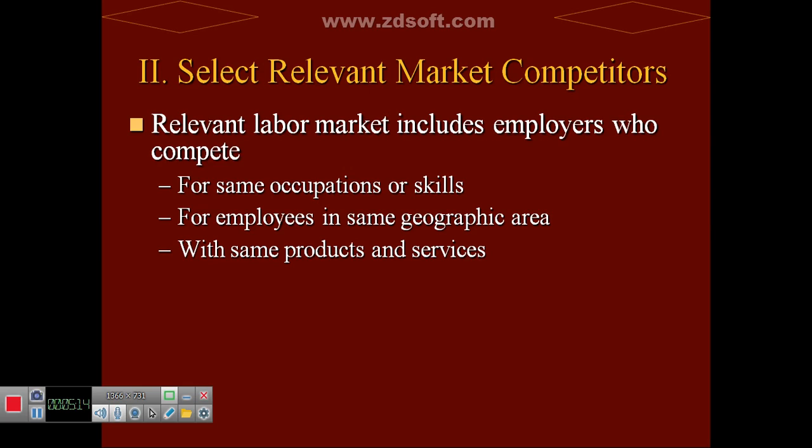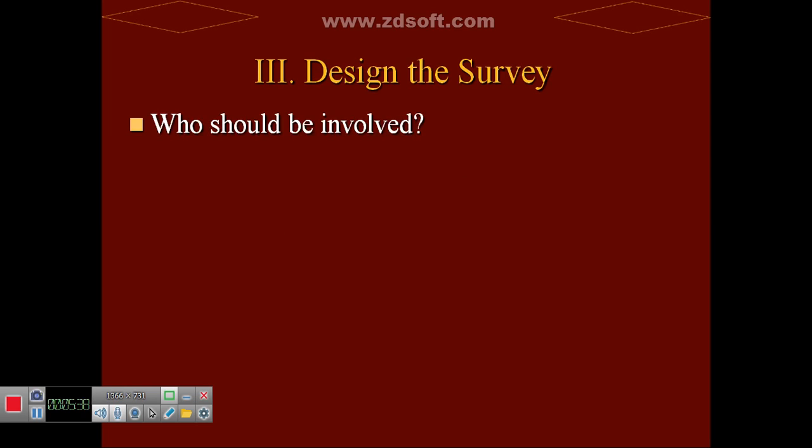So the company which is trying to develop an external competitive pay policy will study its competitors who are also planning to acquire or hire same type of labor with same skills and same qualifications. So that is called the relevant market competitors. Then third stage is to design the survey.